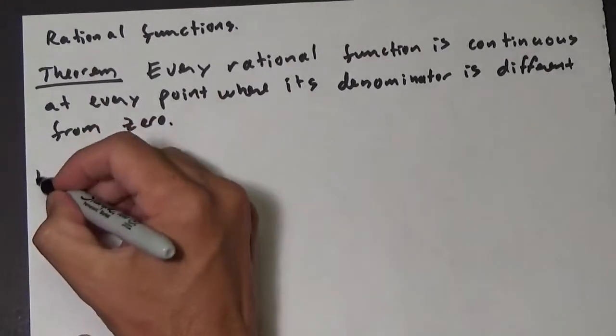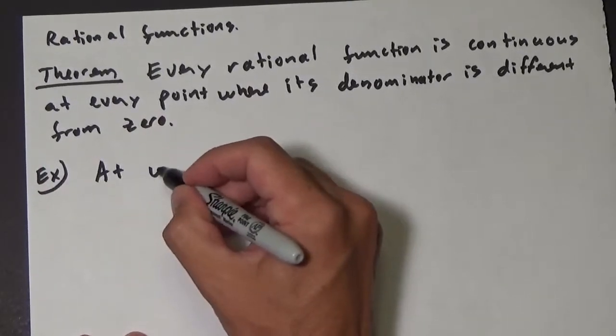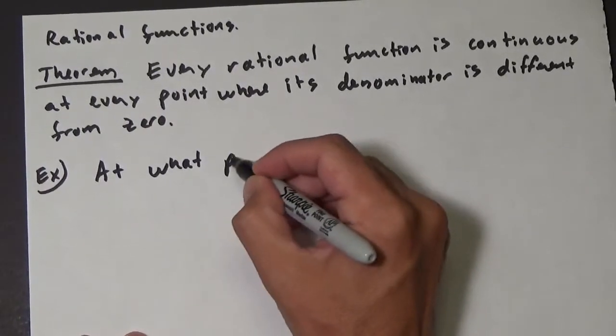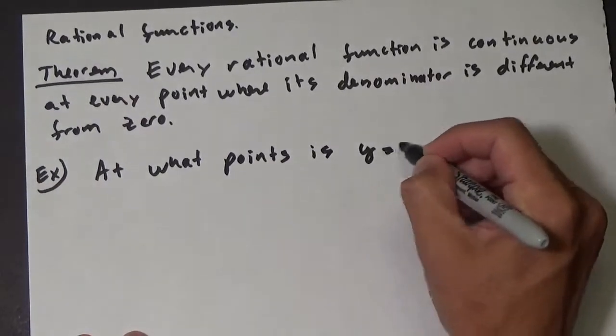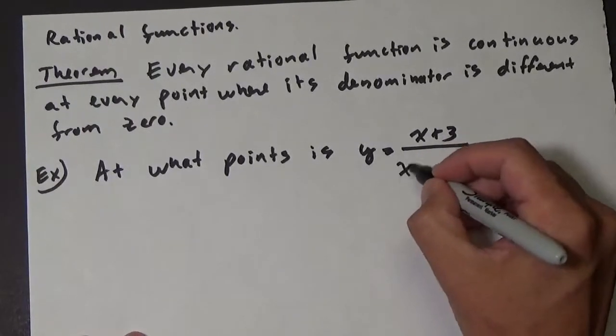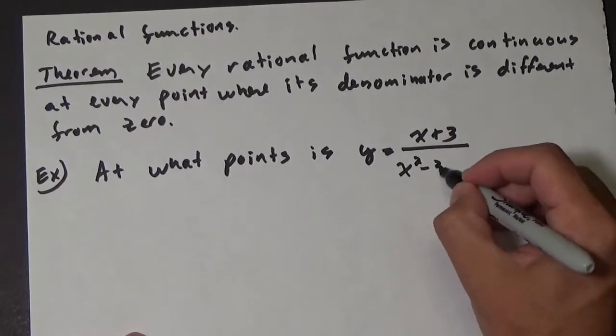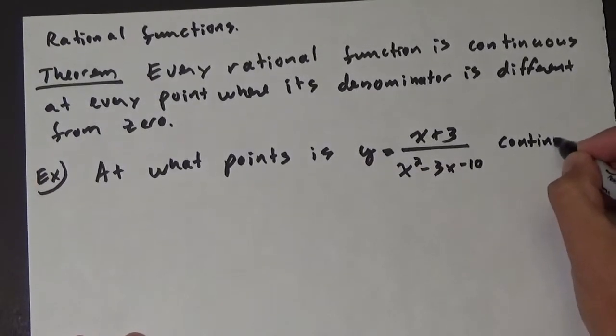So let's look at an example here. At what points is y equals x plus 3 all over x squared minus 3x minus 10 continuous?